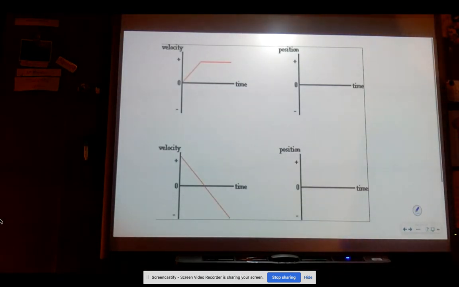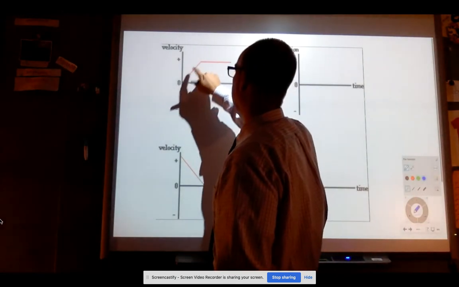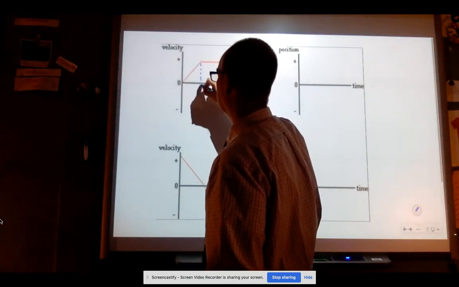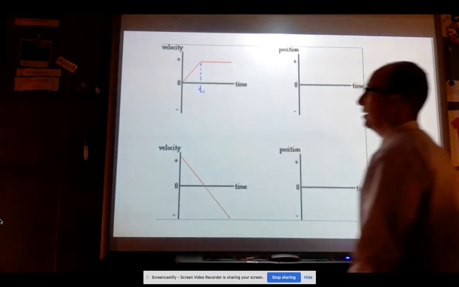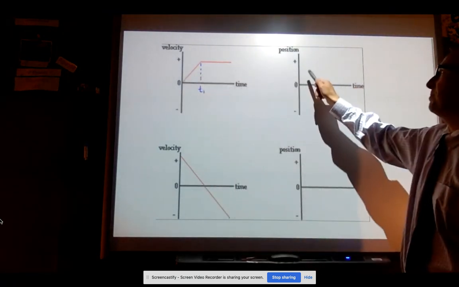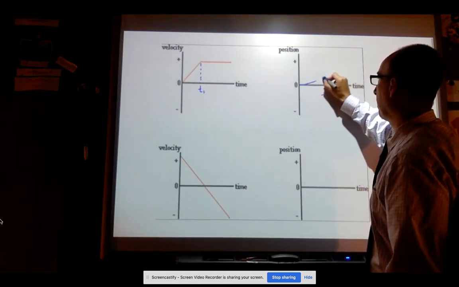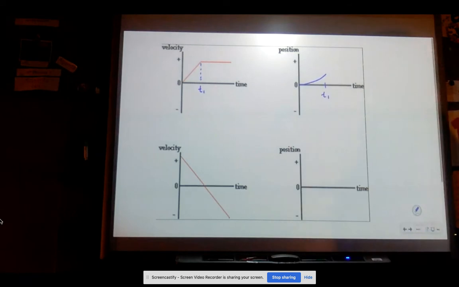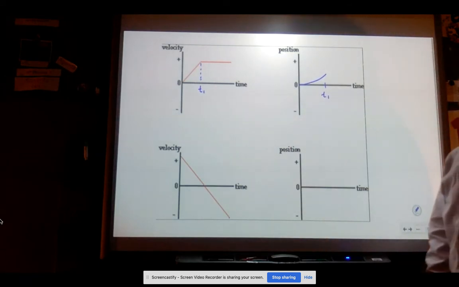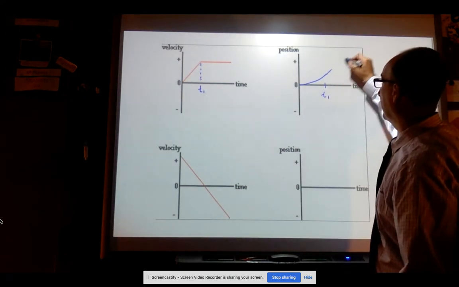So if I want to go from velocity to position time, I know that from here to here, I'll make that just like T1, the velocity is increasing. That tells me I have acceleration. That tells me this should be a curve. So from 0 to T1, I should have a curved line. From T1 on, I have constant velocity. What does that look like on a position time graph? That's going to look like a line that goes straight.